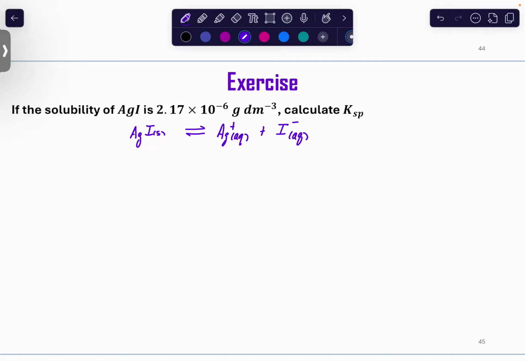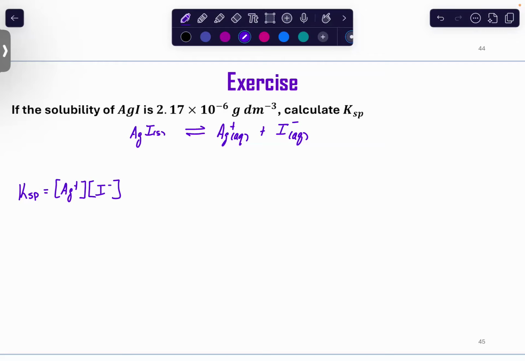But this is for solubility. So the KSP is just going to be that.